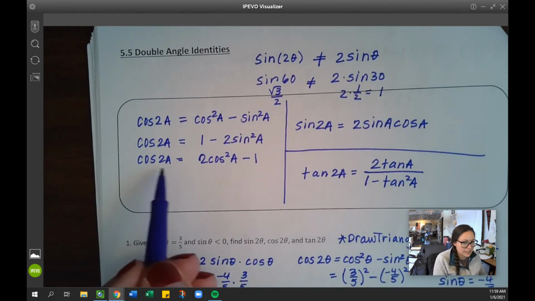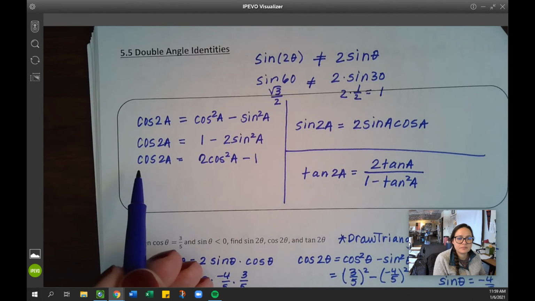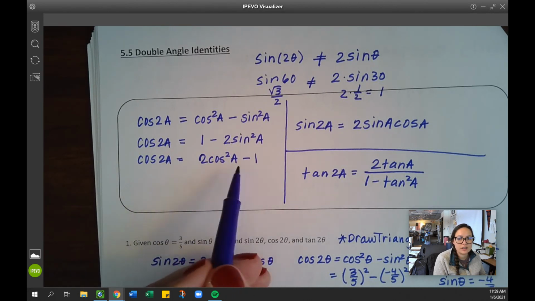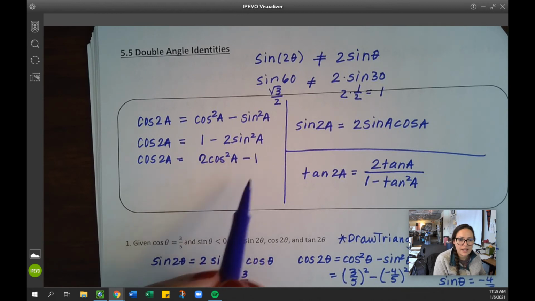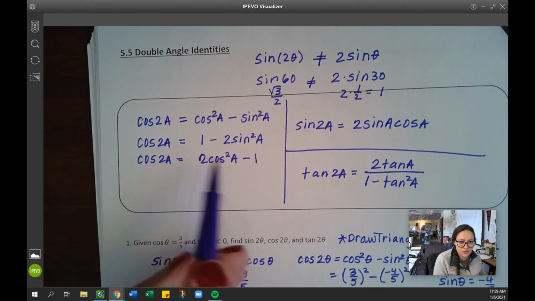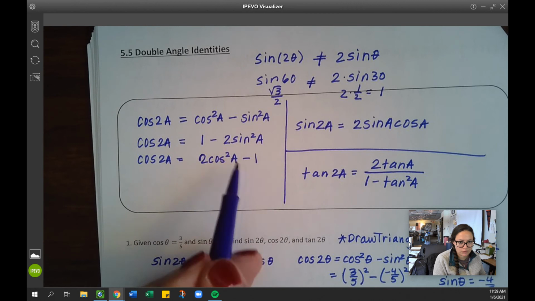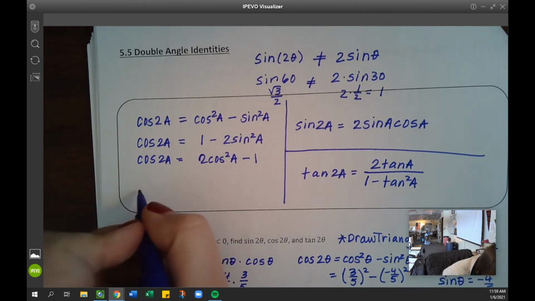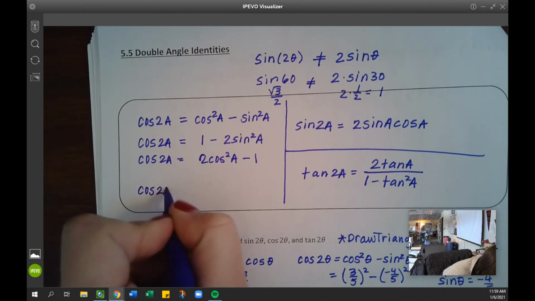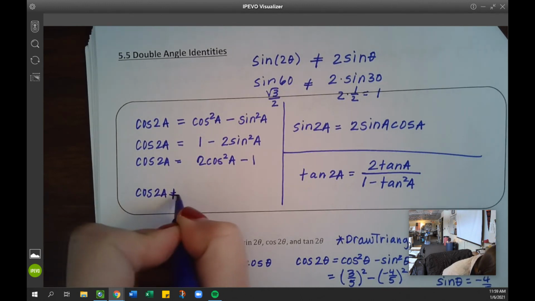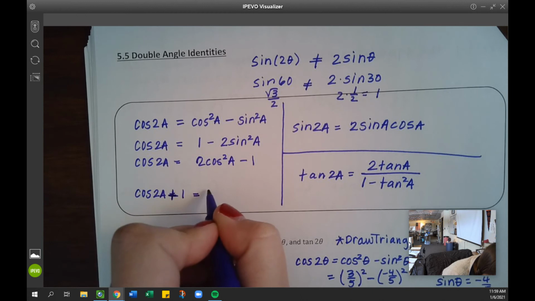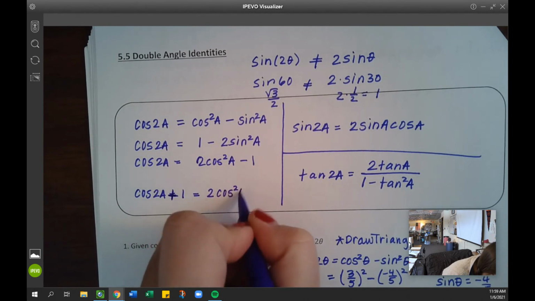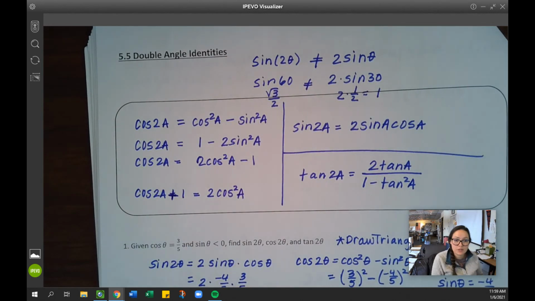All right, I want you to look at this identity right here. Cosine 2a is equal to 2 cosine squared minus 1. If I rearrange this and move the 1 over to the other side, what that means is that cosine 2a plus 1 does in fact equal 2 cosine squared, which is what we have.